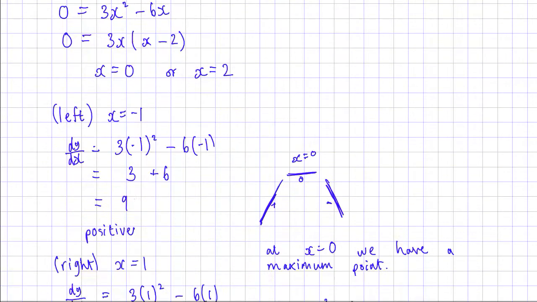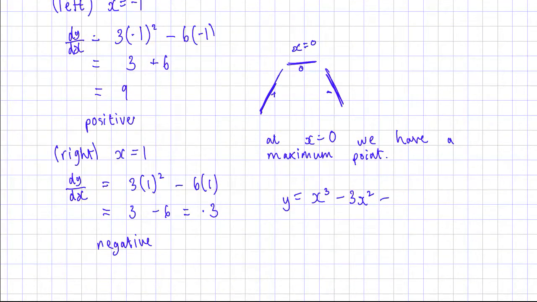So when x is equal to 0, we're going to get y is equal to 0 minus 0 plus 6, which is equal to 6. So the coordinates of this point are going to be (0, 6). We're going to have to remember that. That's going to be a maximum point.